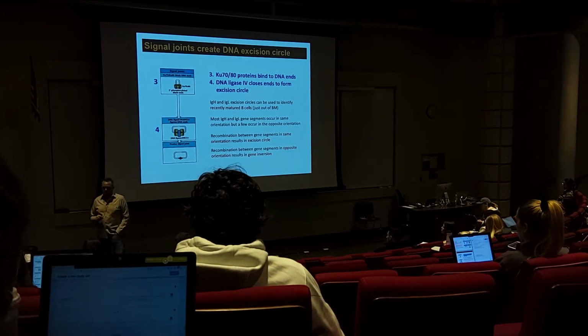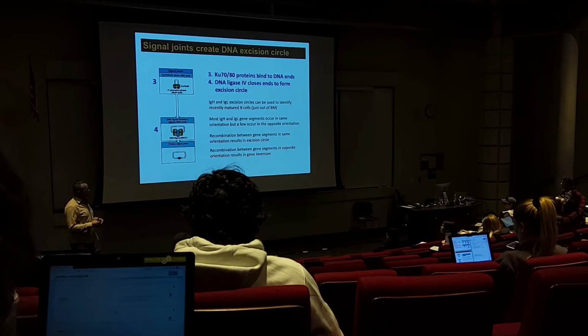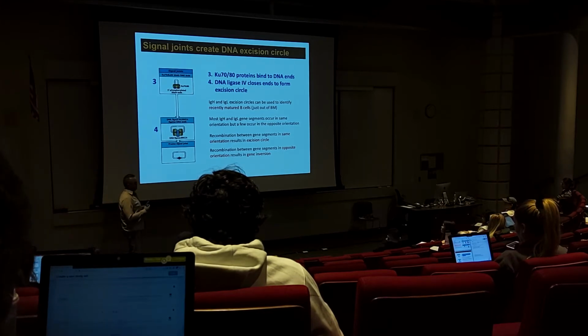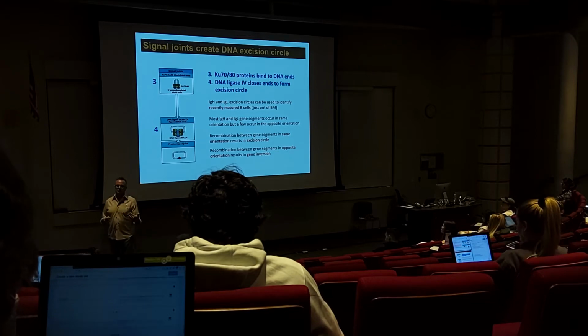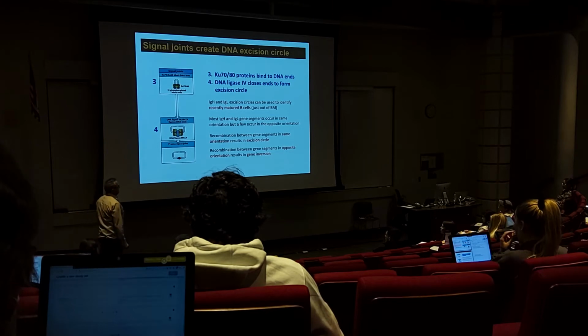Okay, so most of the time the Ig heavy and light gene segments occur in the same orientation, but a few actually occur in the opposite orientation, meaning instead of looking like this and cleaving out what's in between, they're actually the same way and you make an inversion. That happens too.